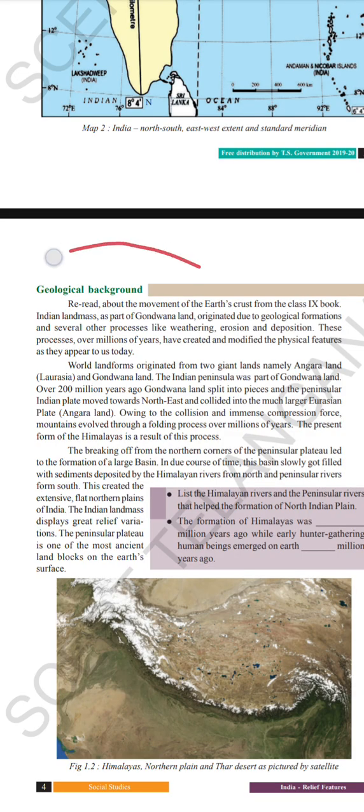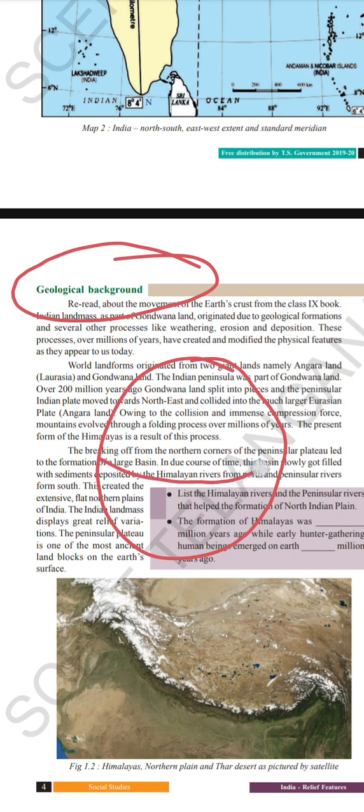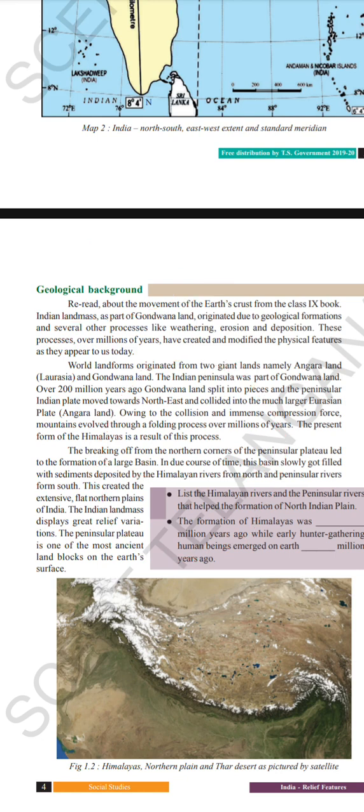So we will see some geographical background of the formation of the Indian landmass. It might be very interesting to know how the entire Indian landmass was created. But to get to know about this, we need to move to some concepts of ninth standard, so that it will be clear how the Indian landmass was created.